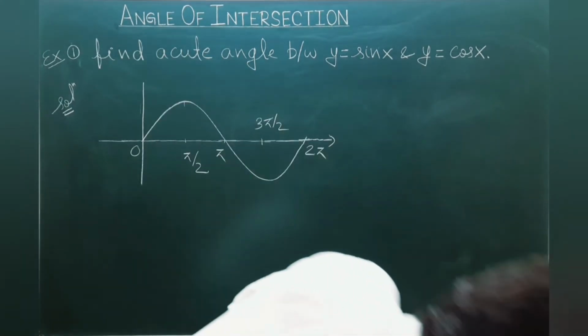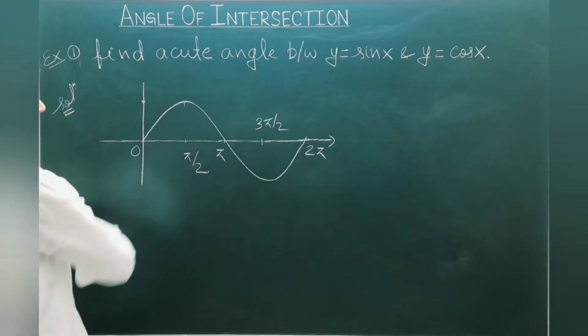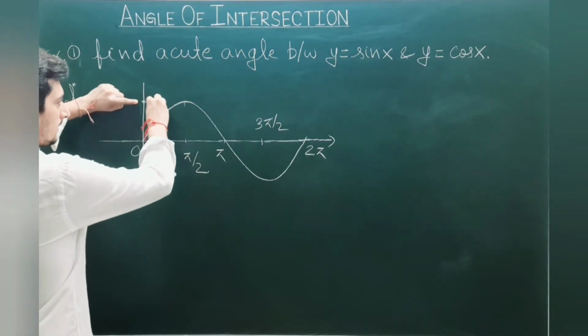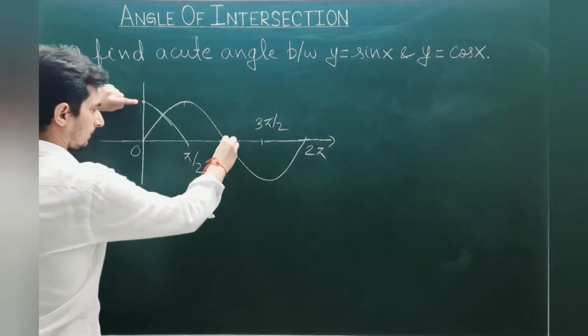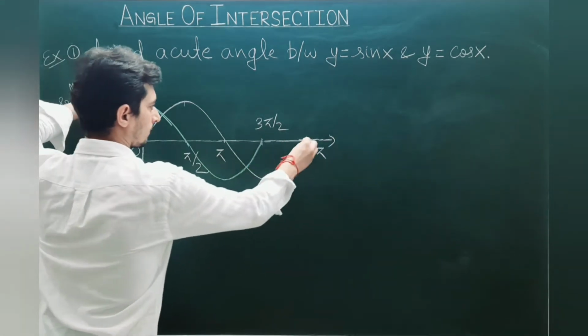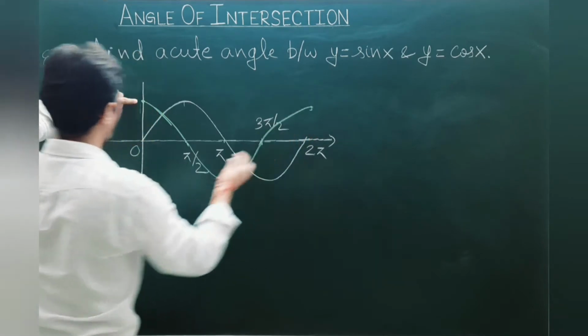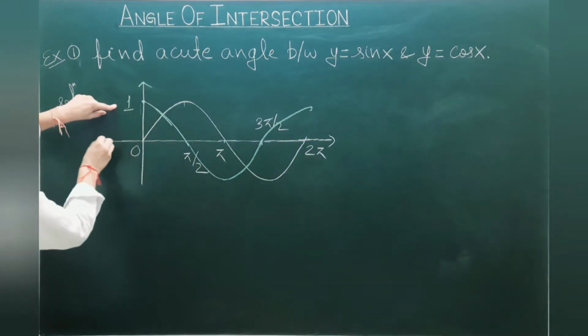Now the second curve cos x, this starts from here, right? At 0, its value is 1, so it is like this. Alright, I have drawn it from 0 to 2 pi.